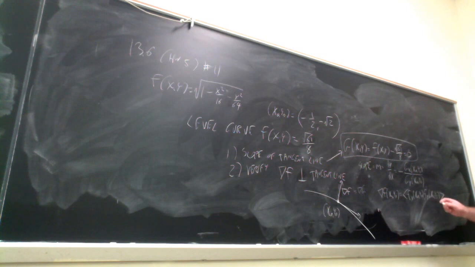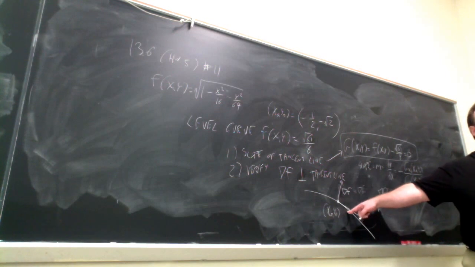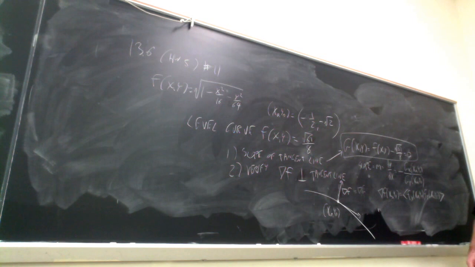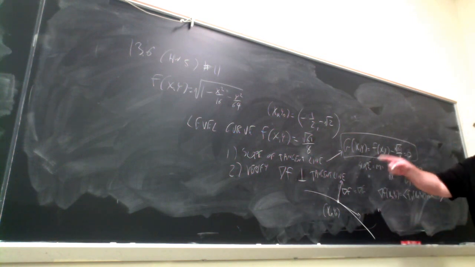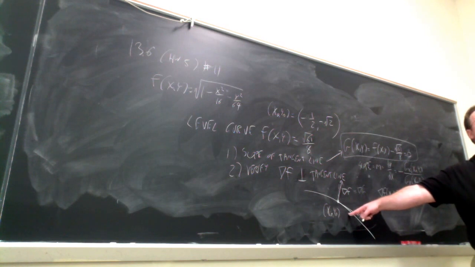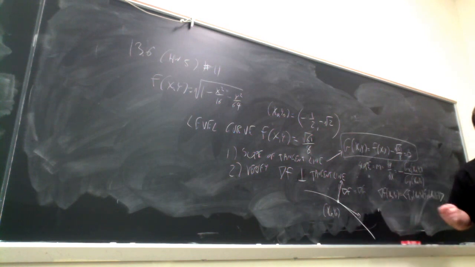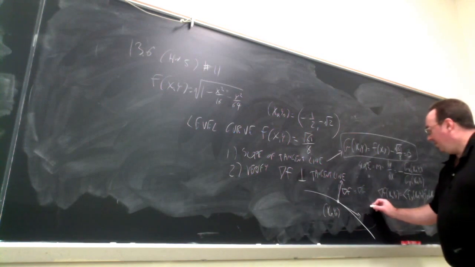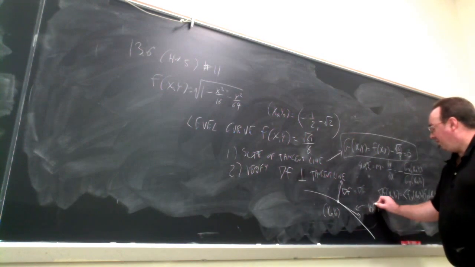I assume your difficulty is what we take the dot product with, because you want to show that the gradient dotted with a vector for the tangent line is equal to 0. But what should that vector be? For this, use this vector.